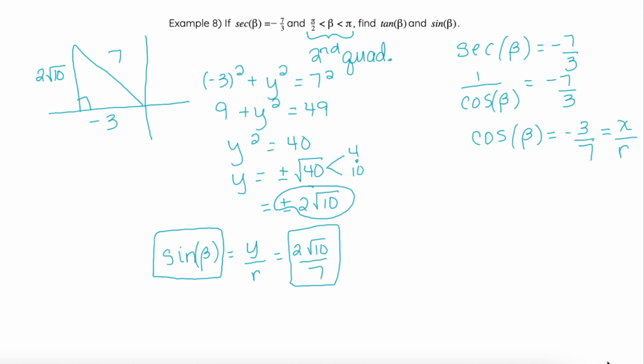Also, from our front page, we see that tangent of beta, you could either say it's sine over cosine and then reduce it, but we also know that tangent is the same thing as saying our y value over the x value. So 2 square root 10 over -3, which reduces to -2 square root 10 over 3, just putting that negative either on the top or the bottom.